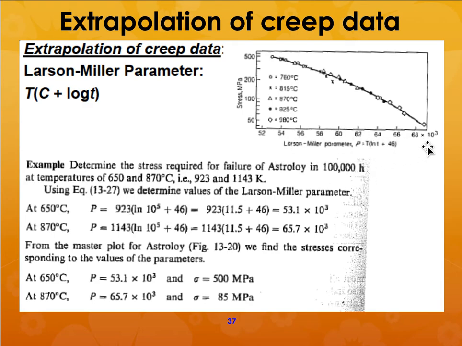So you can actually see the Larsen-Miller parameter, and I don't know where he got the ln 10 to the power 5. I'm not really sure where he got that from.